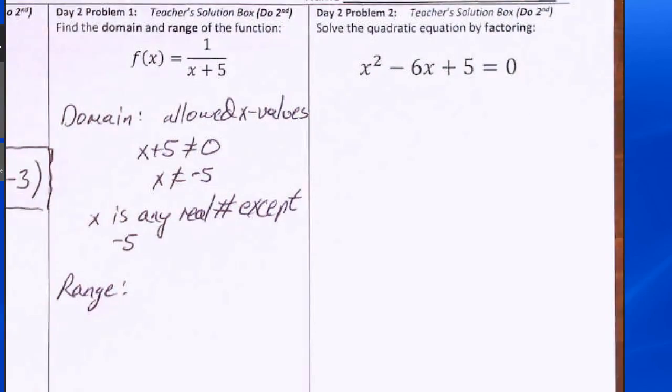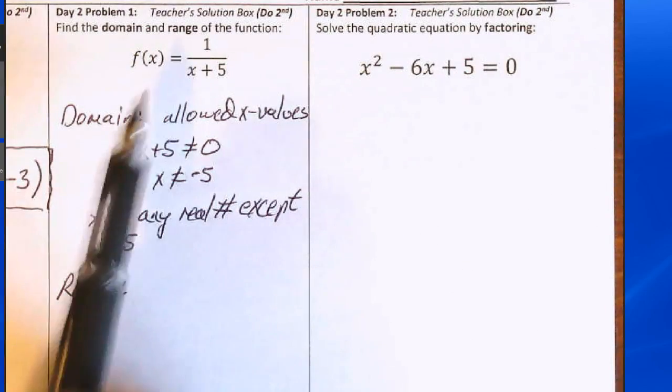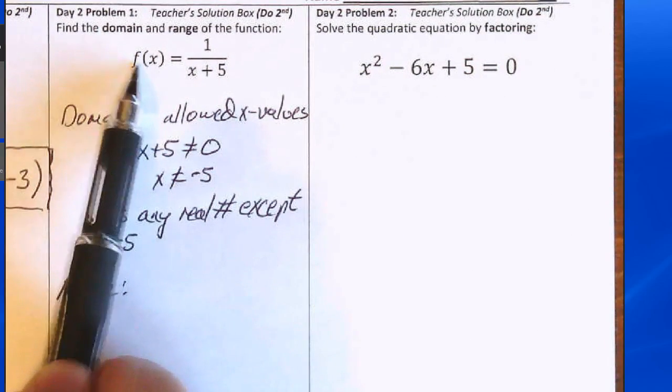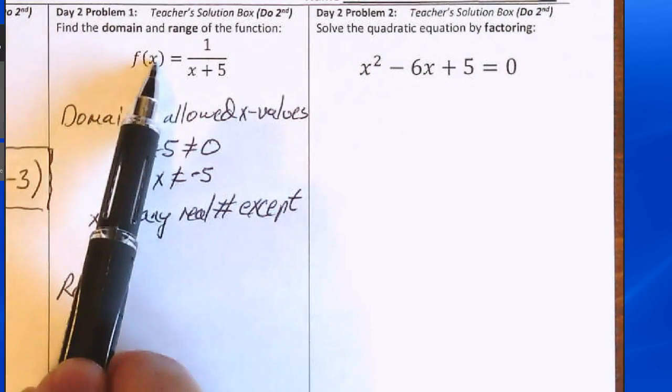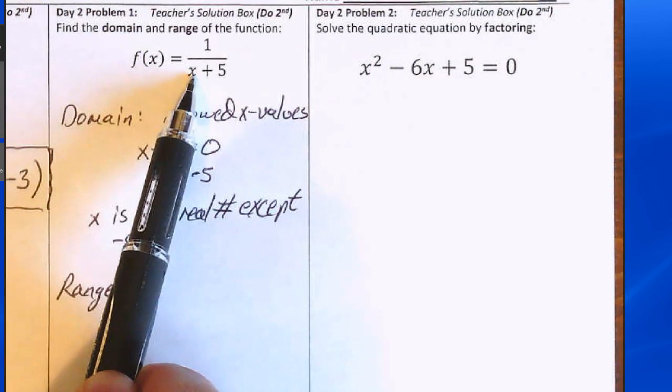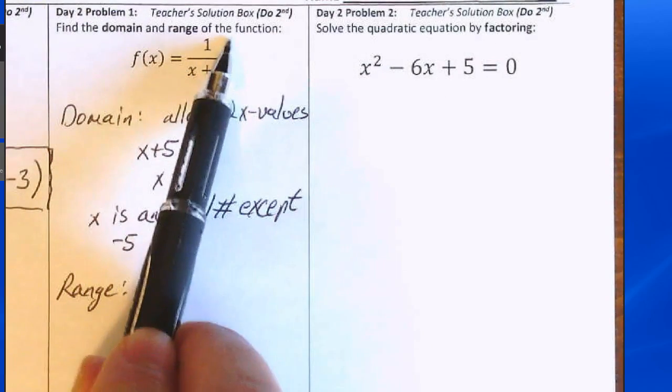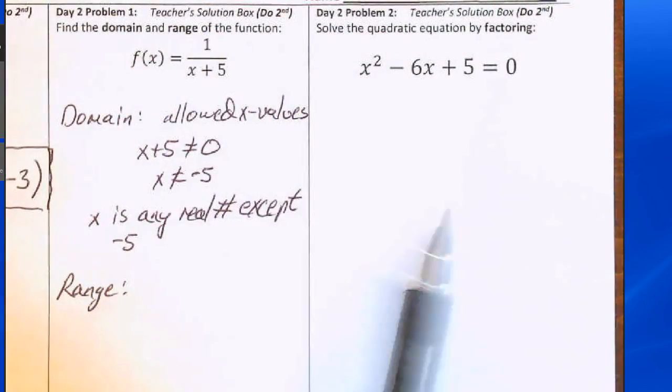What the word range refers to for functions is what are the y values, or in this case f values, that would be created by inputting all allowed values for x. What kind of answers can this function rule generate?